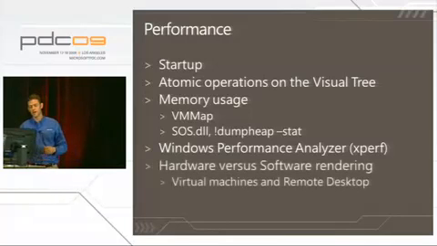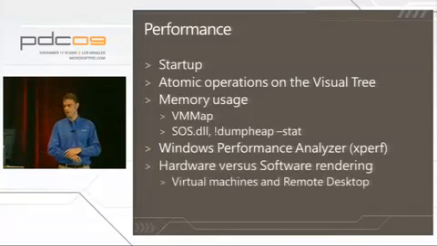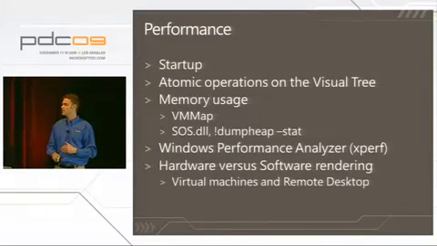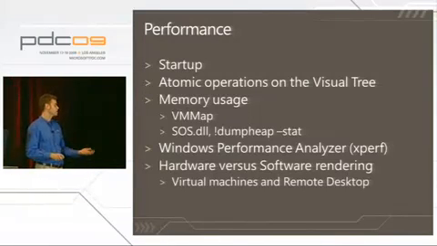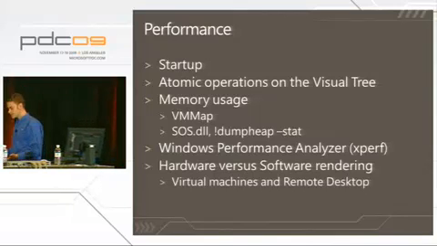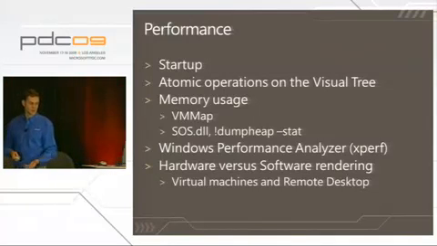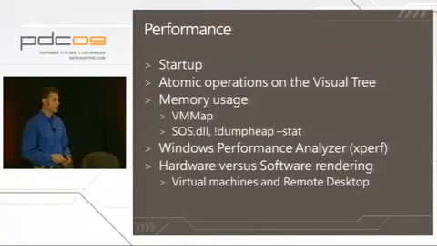And a quick note on hardware versus software rendering. We do work across remote desktop. In fact, a lot of users are now using virtual machines where software rendering is normal, so there's no hardware acceleration on these virtual machines.